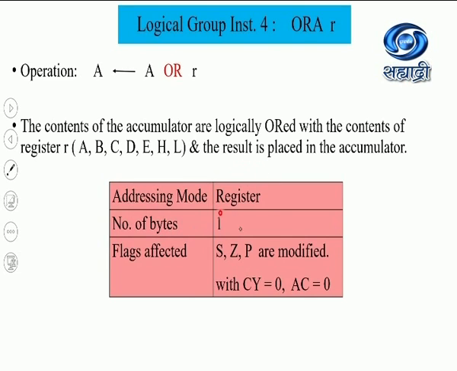Addressing mode register. As data is in register, number of bytes 1, S, Z, P are modified with carry 0 and auxiliary carry 0. So for OR operation, the default values of auxiliary carry and carry flags are 0.